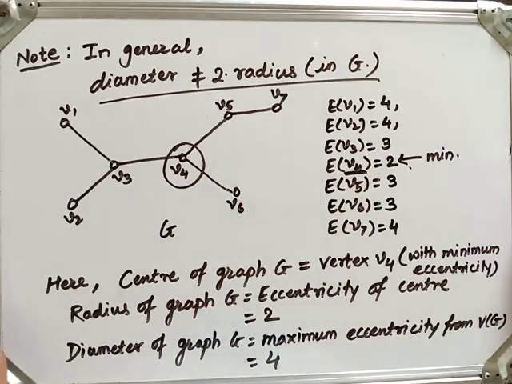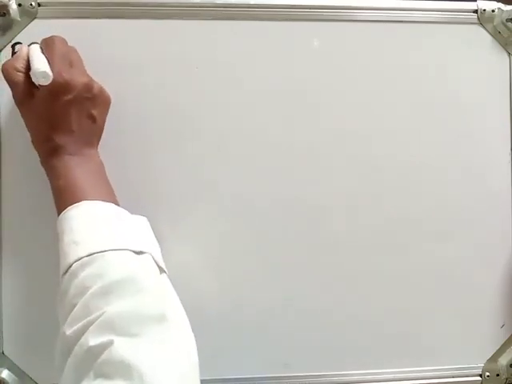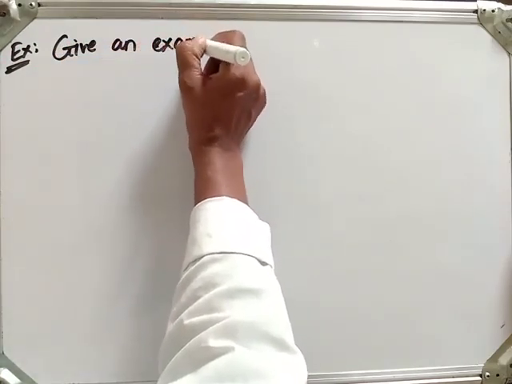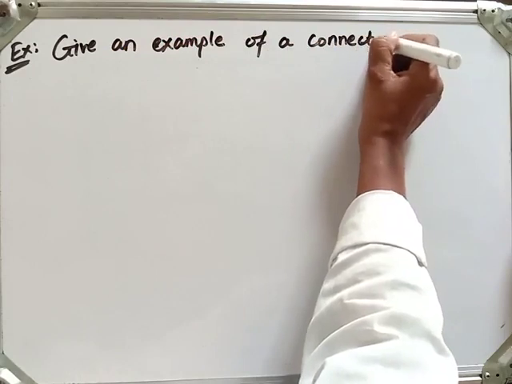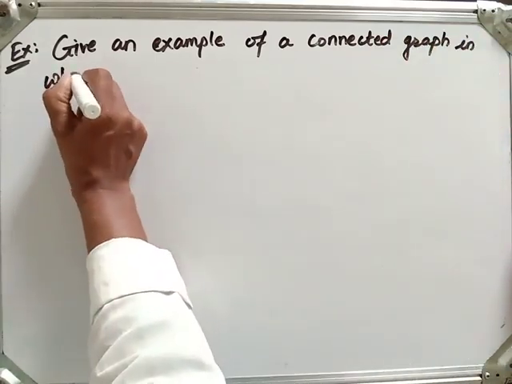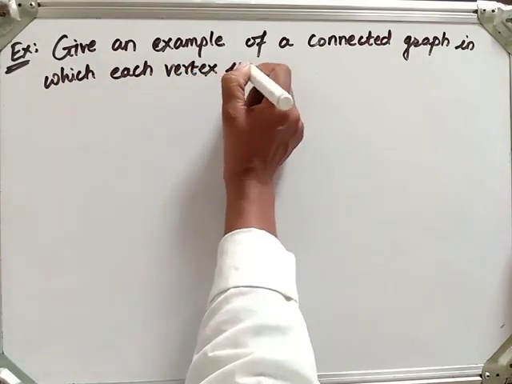Now let me give one more question. Suppose we have to give an example of a connected graph in which every vertex becomes a center. Eccentricity is everywhere equal, right? So the question is: give an example of a connected graph in which each vertex is a center.